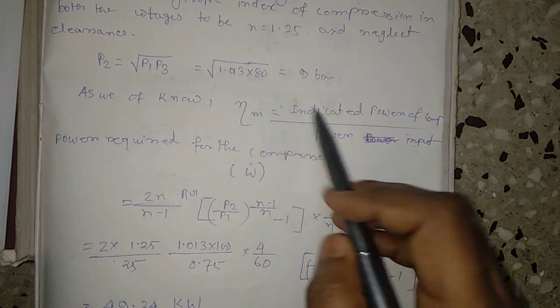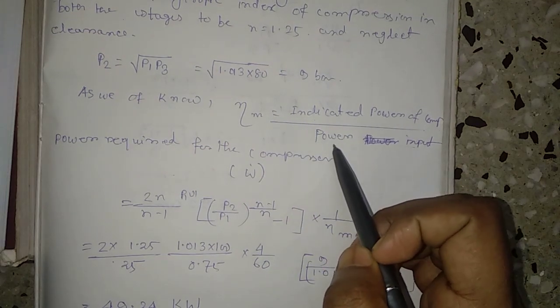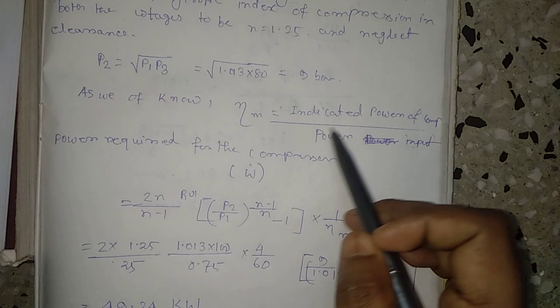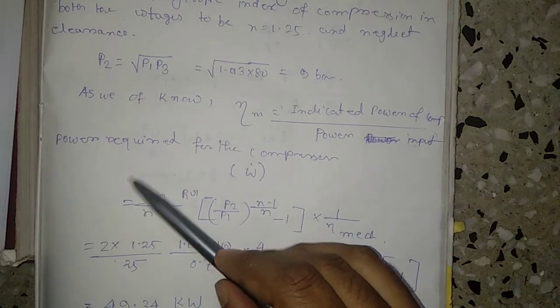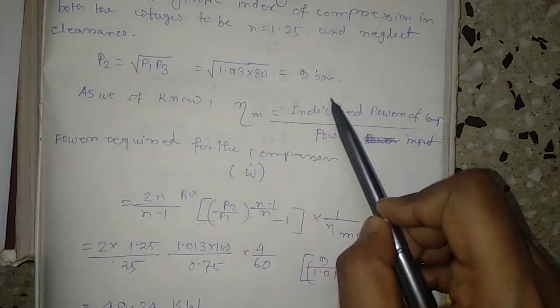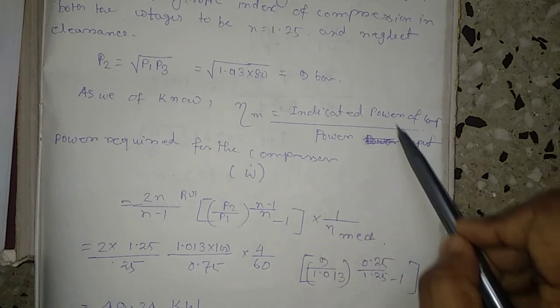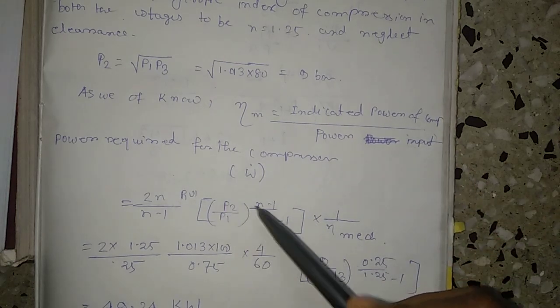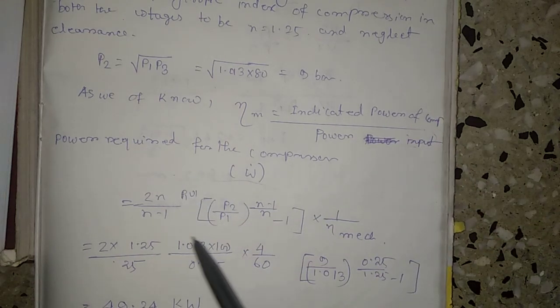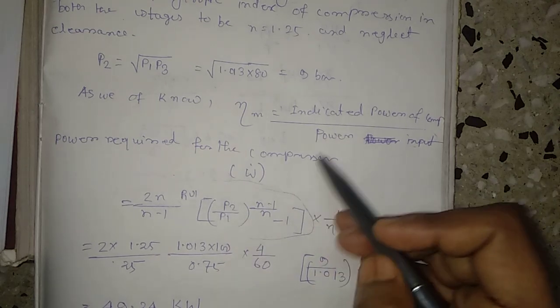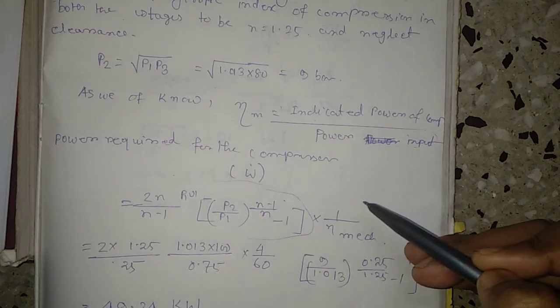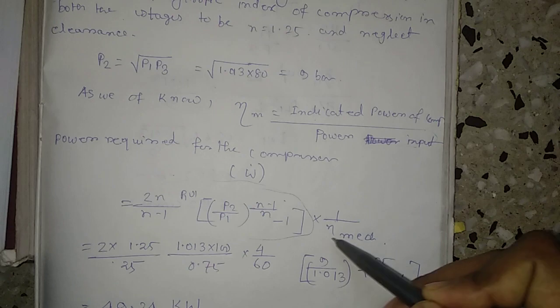So from this expression you have to calculate the power required as input for the compressor, which is equal to the indicated power of the compressor times 1 by mechanical efficiency.